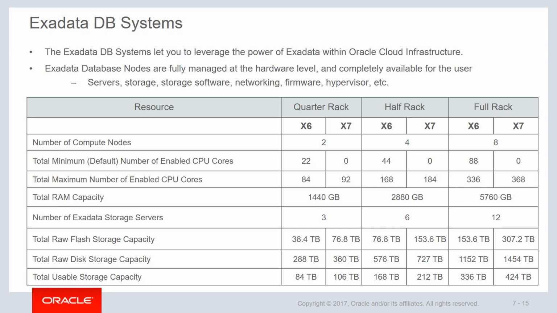Now, it is important to note with the X7 shapes, we've moved away from a minimum number of OCPUs, allowing customers to provision that shape and scale down to a minimum of 0 cores. This means that the base cost of the rack shape is significantly less expensive than the X6 shape, where we had a minimum of 22 OCPUs.